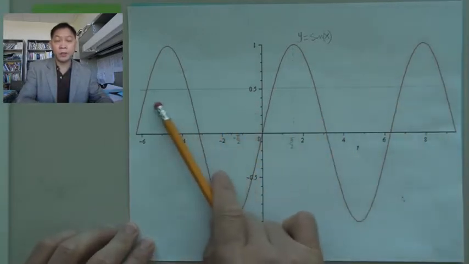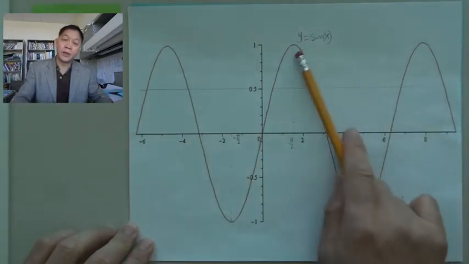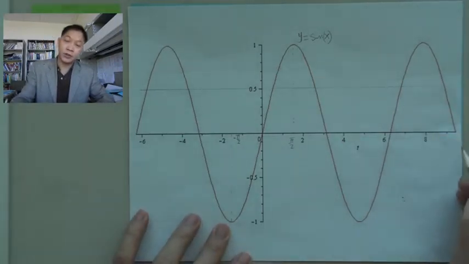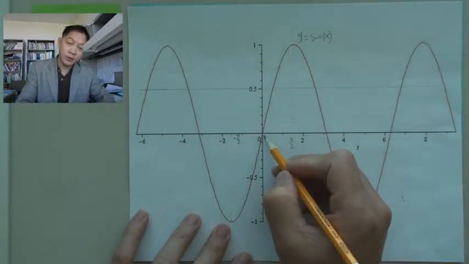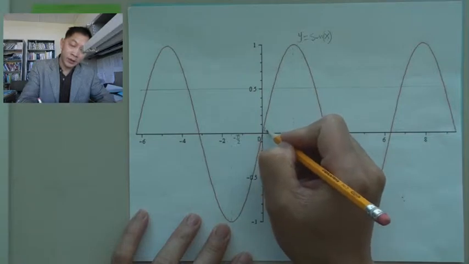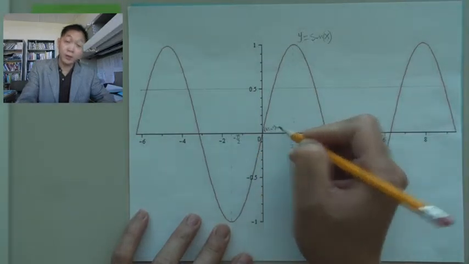You see, this is the picture of y equals sine x. When x is 0, well, y is 0. So this point is basically (0, 0).